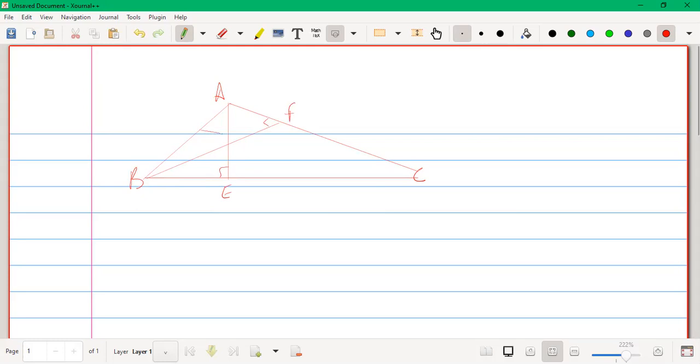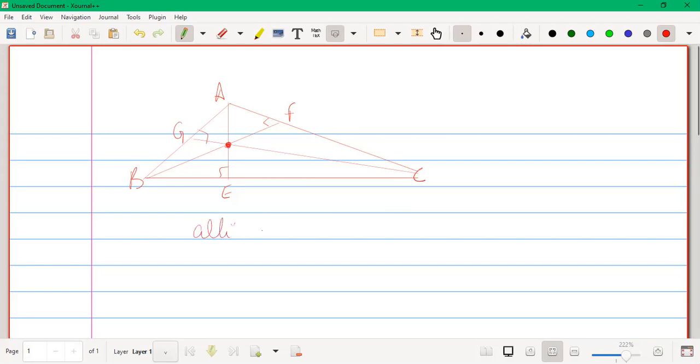And this is another perpendicular. The point which is intersecting all the three perpendiculars, that is the altitude. AE is the altitude now, it is not the median.